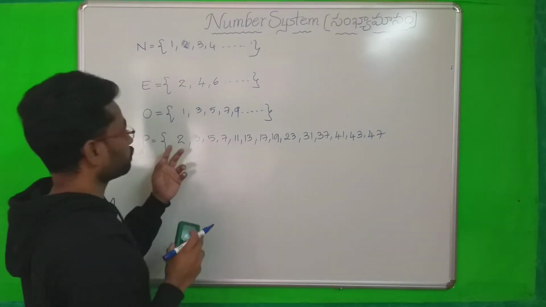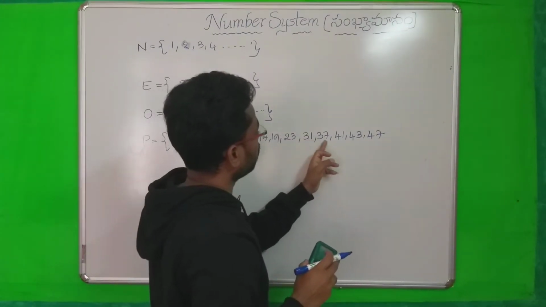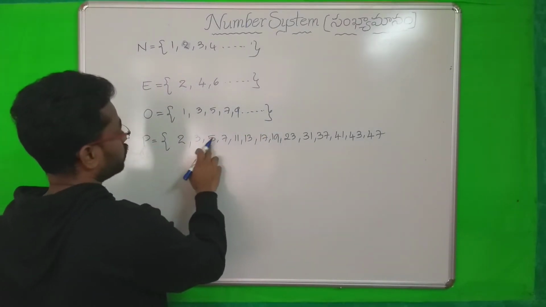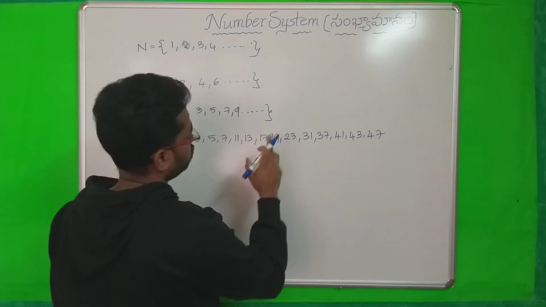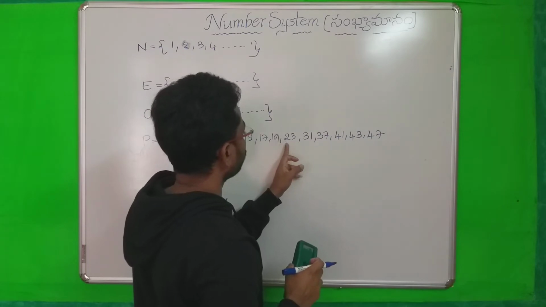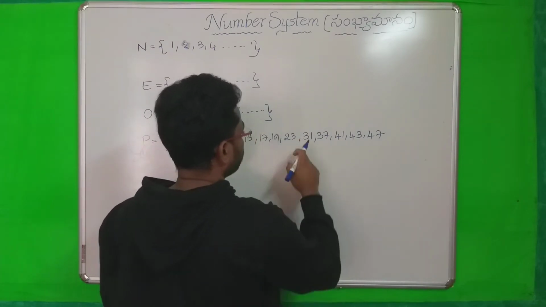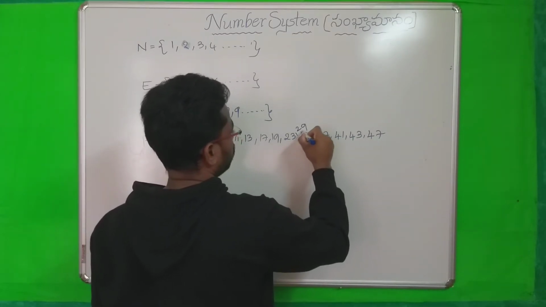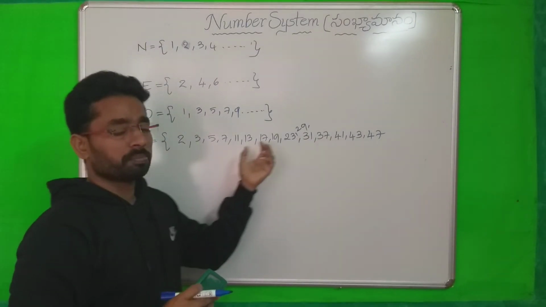I am counting, checking once: 1, 2, 3, 4, 5, 6, 7, 8, 9, 10, 11, 12, 13, 14 you are getting. So something is missing. 2, 3, 5, 7, 11, 13, 15 not, 17, 19 and 21 not a prime number. 23 was missing here. 29, sorry, 29. So these are the prime numbers below 50.